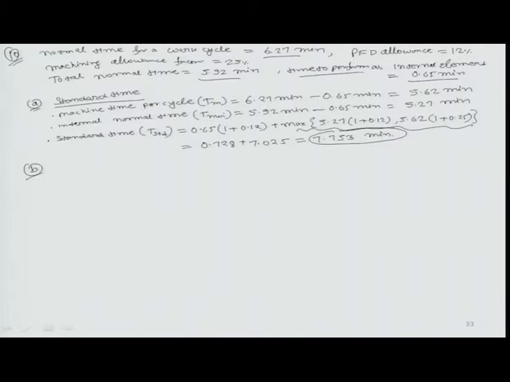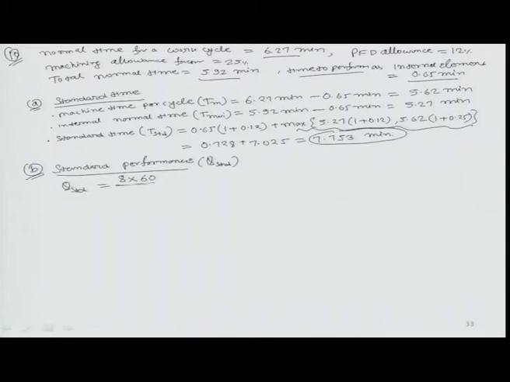Now come to part B. Part B is asking for the daily output at standard performance. We have to calculate the standard performance for daily output, that is Q_STD. The standard time allotted for a worker is 8 hours, and we convert it into minutes, so we multiply it by 60.